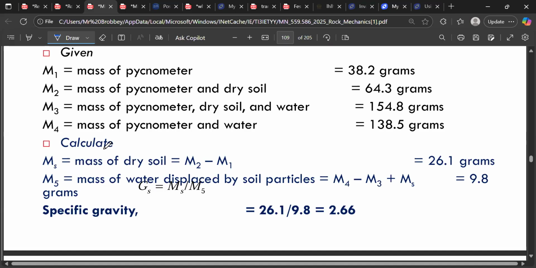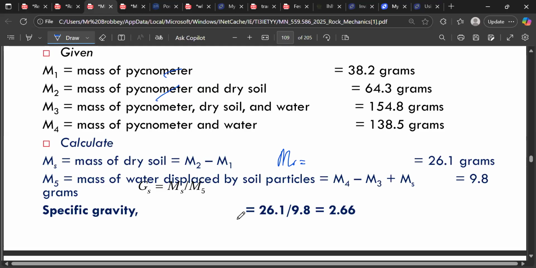So first you want the mass of the dry solid, which is M2 minus M1. M2 is the pycnometer and the dry soil, and M1 is only the pycnometer. So when you take M1 from M2, you just get the mass of the dry soil, because you are taking the pycnometer out.